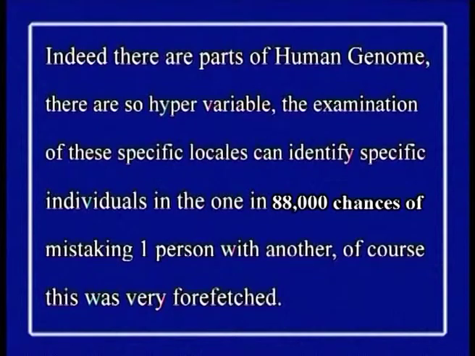Indeed, there are parts of the human genome that are so hypervariable that examination of these specific locales can identify specific individuals with a 1 in 88,000 chance of mistaking one person for another. Of course, this is very far-fetched.